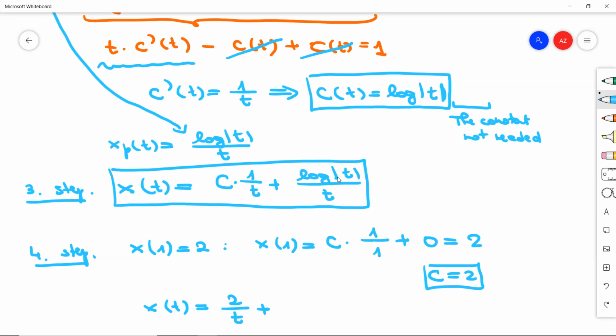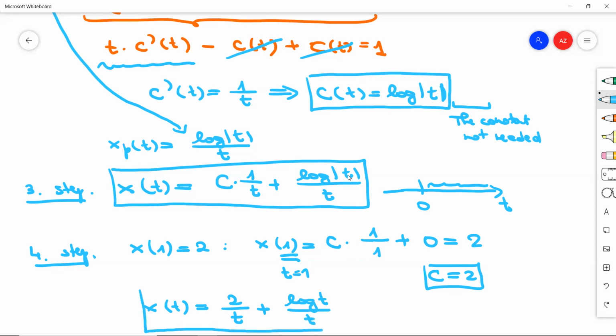But if we are studying t's which are positive, we will take logarithm of t. But since here for t we took 1, this means that we are interested in t's which are positive. That's why we will study only t's which are positive. So we can take here logarithm of t over t without absolute value.